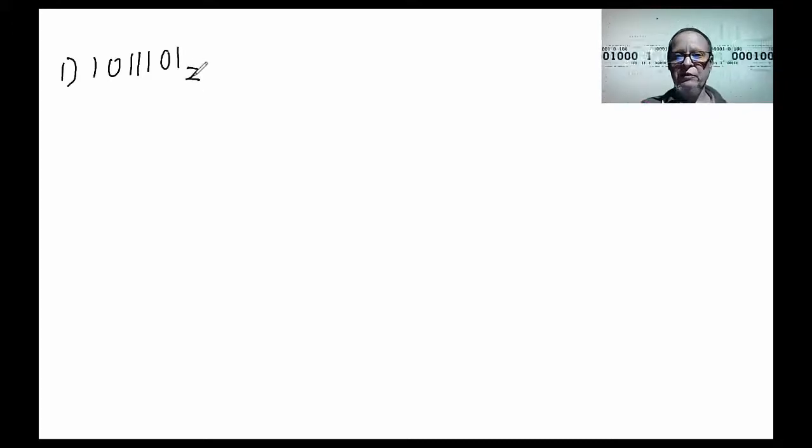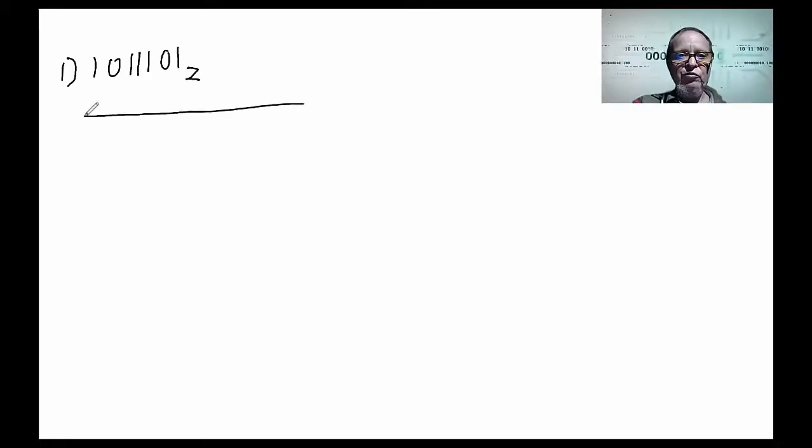The 2 tells me that it's binary, but in the binary system we only have zeros and ones. If there is any other number other than a 0 or a 1, then it is not binary. So remember, in the binary system, there are only zeros and ones.